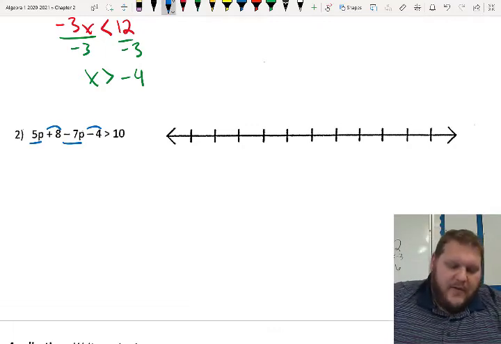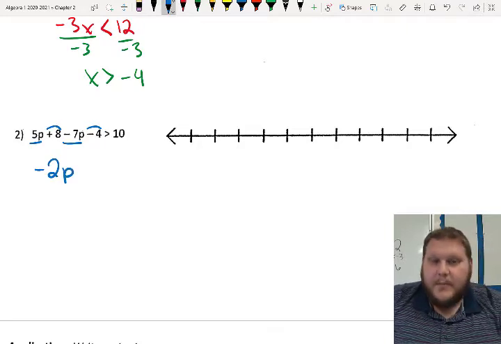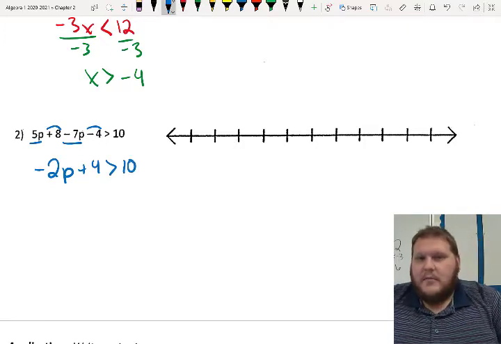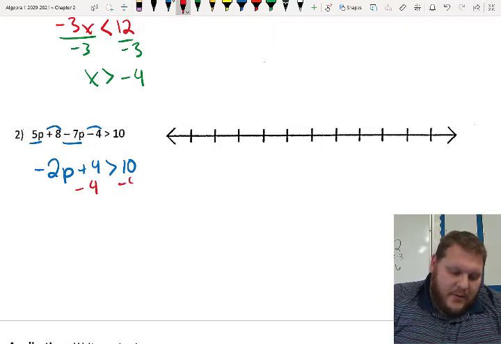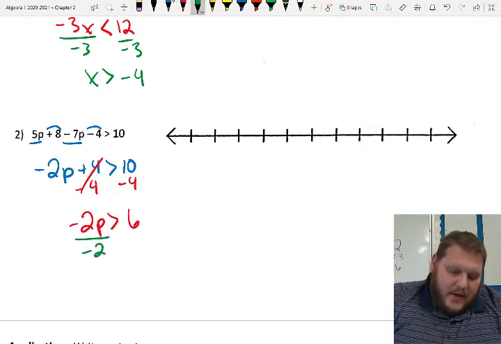So here 5p and -7p is a total of -2p, +8 and -4 is a total of +4, is still greater than 10. And then from here, just like before, I'm going to isolate my variable term first. So I'm subtracting 4, so -2p is greater than 6. And then I divide by my coefficient.